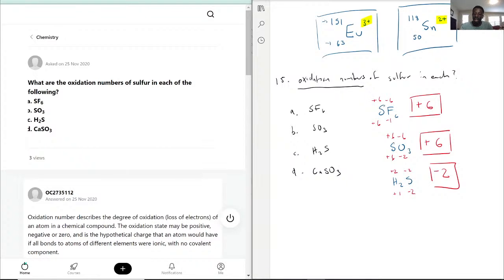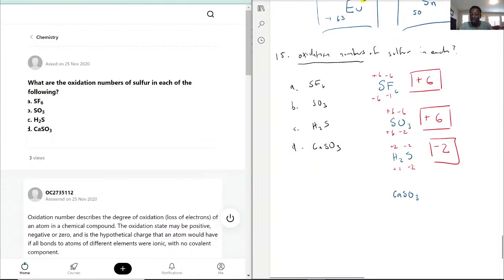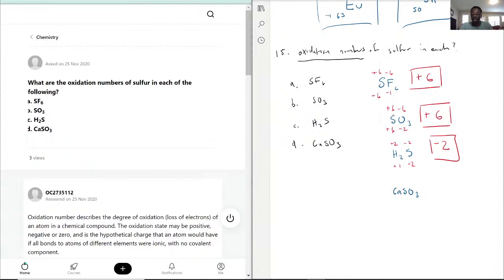And now for the last one, this is a bit of a behemoth, CaSO3. There are 2 ways to solve it, but the second way needs you to know your sulfates, sulfides, phosphates, and so on, which is not how you want to approach this, because if you don't know, you get yourself lost. We'll approach it the same way with the givens, okay?